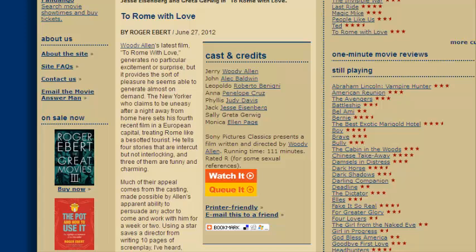Woody Allen's latest film, To Rome with Love, generates no particular excitement or surprise, but it provides the sort of pleasure he seems able to generate almost on demand. The New Yorker who claims to be uneasy after a night away from home here sets his fourth recent film in a European capital, treating Rome like a besotted tourist. He tells 4 stories that are intercut but not interlocking, and 3 of them are funny and charming.